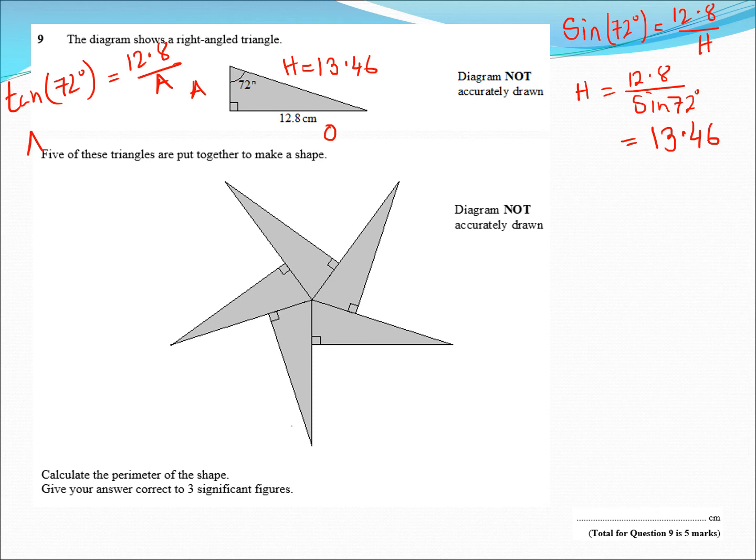So adjacent is going to be 12.8 divided by tan 72 degrees, and that is going to give me 4.16.